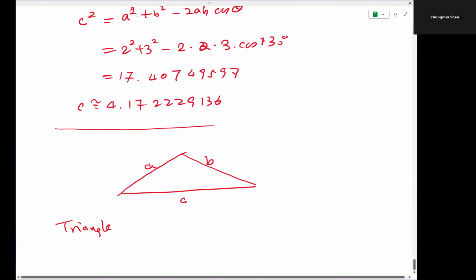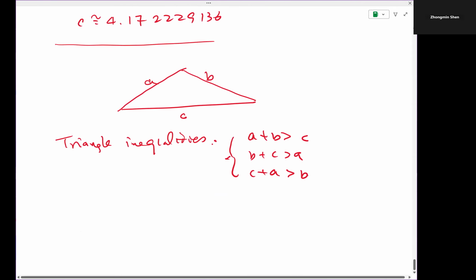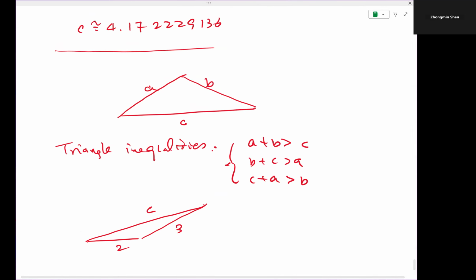Otherwise, those cannot be the lengths of the sides. So A plus B should be greater than C, B plus C should be greater than A, and C plus A should be greater than B. When you get the numbers 2 and 3, clearly the largest possible value for C is the sum of these two numbers.